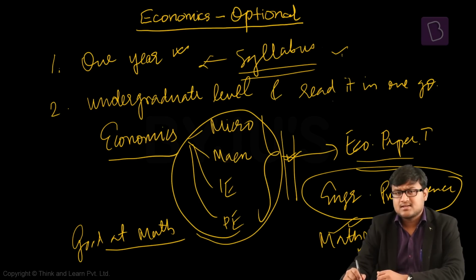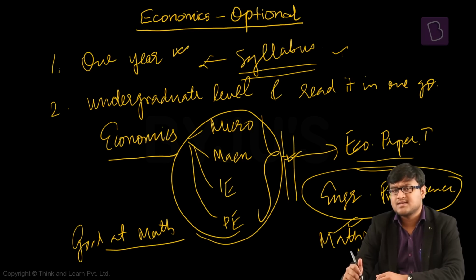The reason is not that these subjects are more scoring than others, but if you love mathematics, you will enjoy reading them and also you will be able to write better answers to what you have prepared. Most of the times, we take subjects that are in vogue in the market.